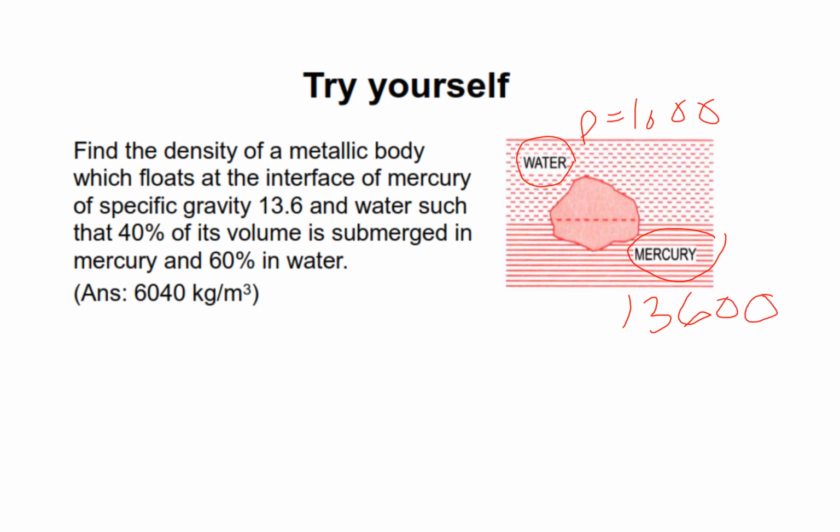And we need to find the density of a metallic body which floats at the interface of mercury and water, with the given specific gravity, and the volume is 40% submerged in mercury and 60% submerged in water. So the volume in water is 60% and in mercury is 40%.